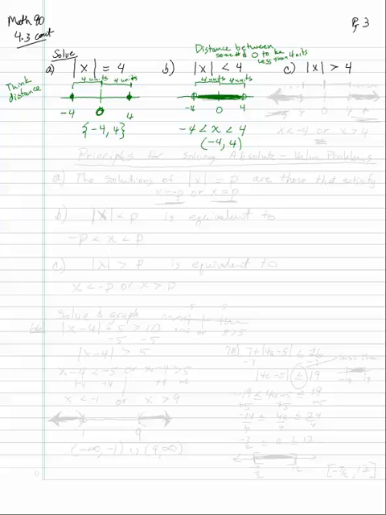Okay, now if we want the distance to be greater than 4 units, where could you stand on this number line and make that a true statement? So here's 4, -4. At 4 and -4, that would be equal to. You want to be greater than 4 units away, so you can be out here at 5, 6, 7, on out to infinity. You could be at 4.01. And then also, you could be out here at -4.01, -5, -6.